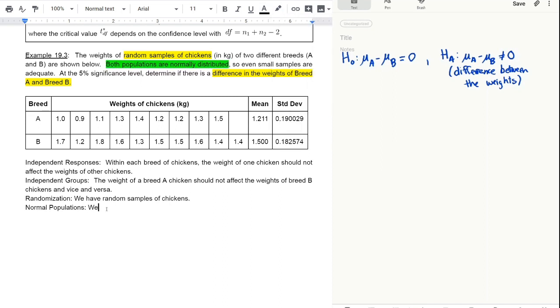Okay, so this assumption is also met. Okay, so now we need to decide whether to look at using a two-sample t-test or a pooled t-test. Okay, so now the only difference between the two tests is whether or not we have equal variances. So now we're going to check for equal variances.